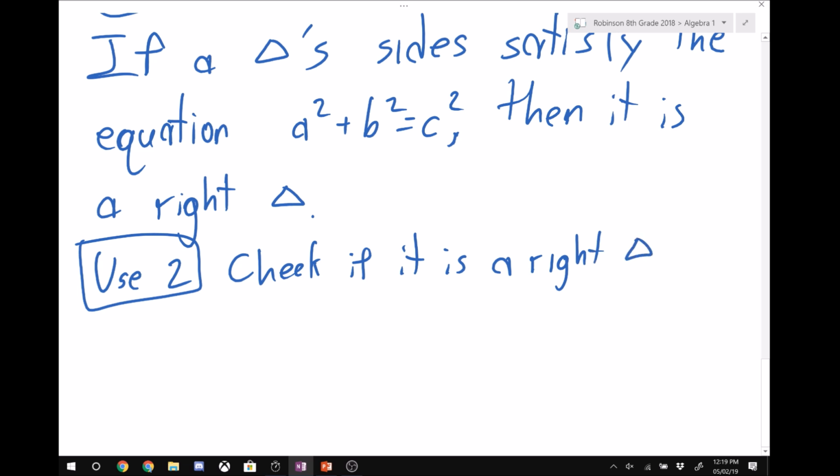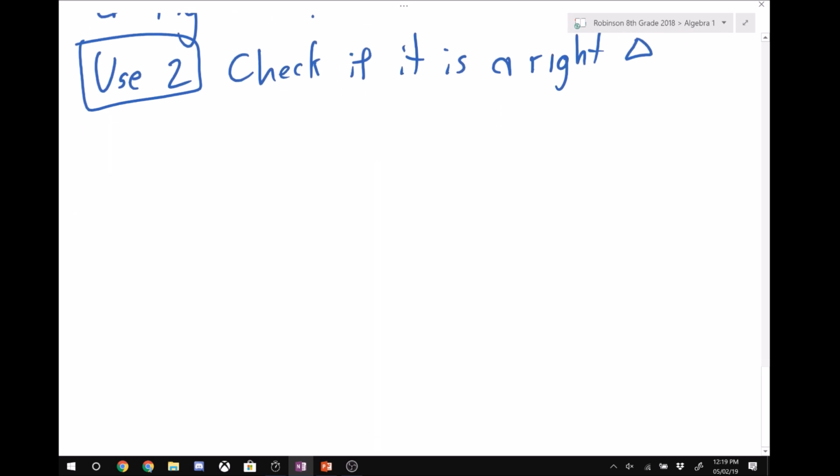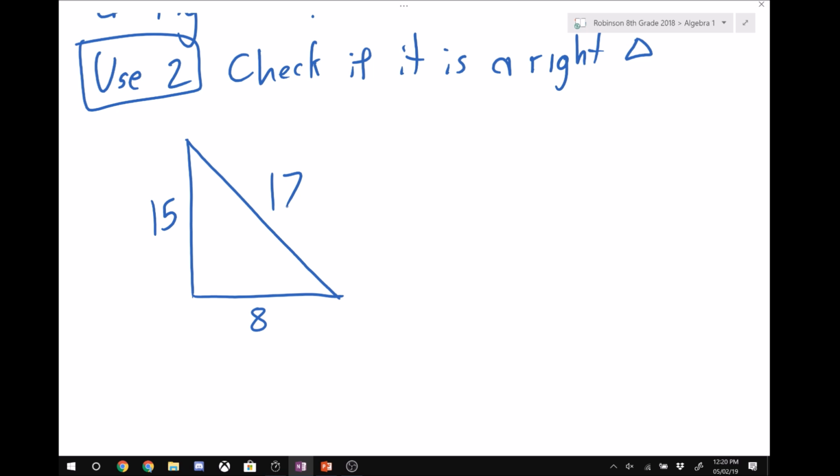So what we'll do is we will have a triangle and it will give us 3 sides. For example, let's say this side is 8, this side is 15, and this side is 17. We want to see, could this be a right triangle? Well, I know that c is my longest side, so that's 17.